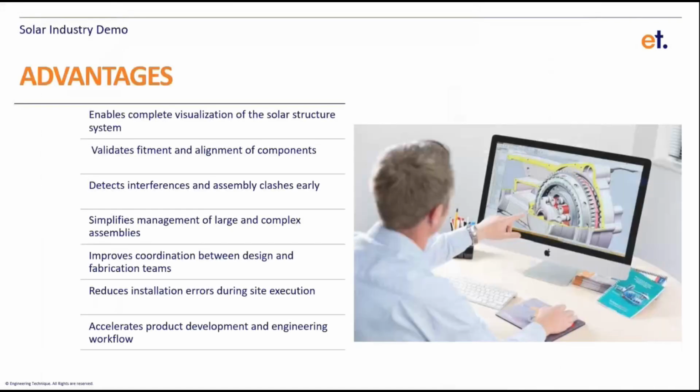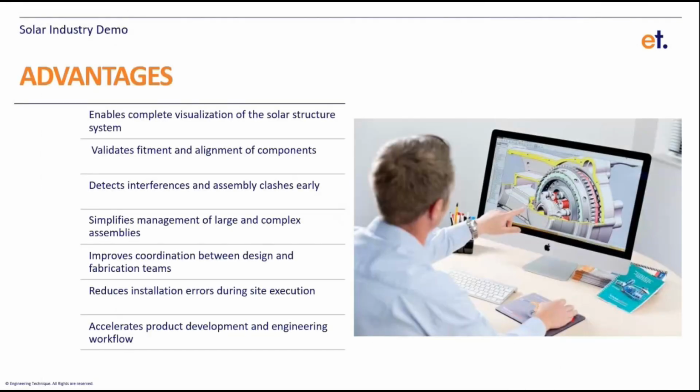So the advantages which we get from this is it enables a complete visualization of a real life solar structure. And you saw right how we can easily make the components. So alignment and fitment is also applicable in SolidWorks assembly. Then you can also check the interferences and collision.